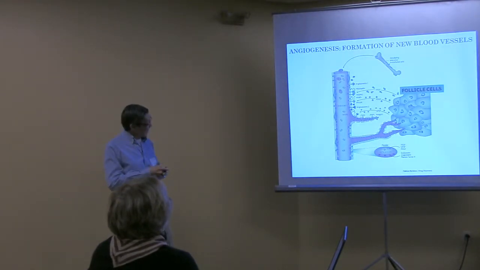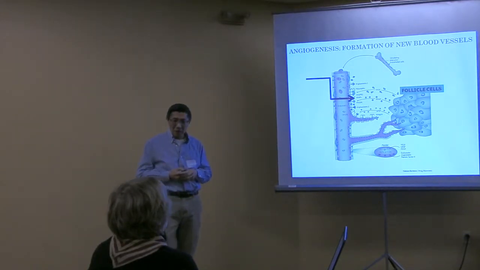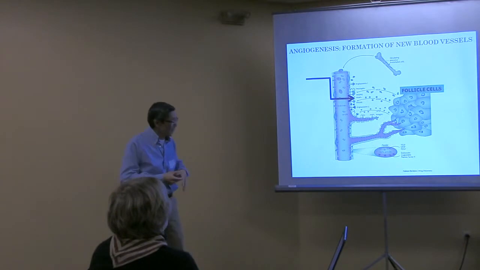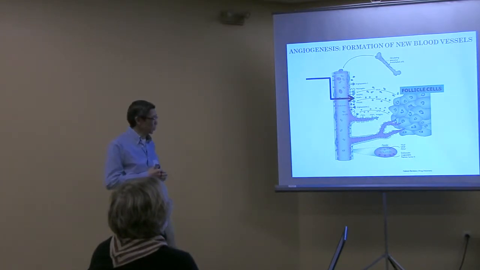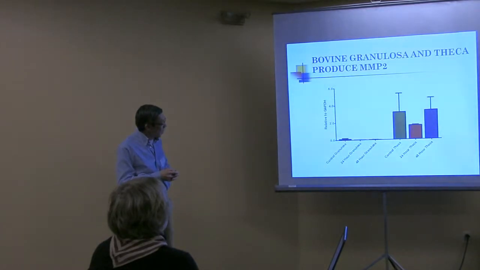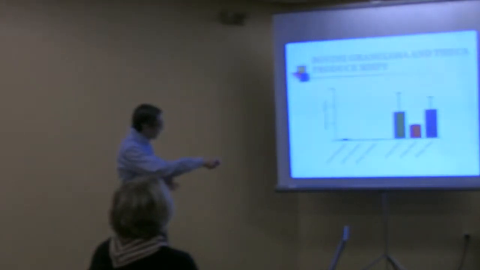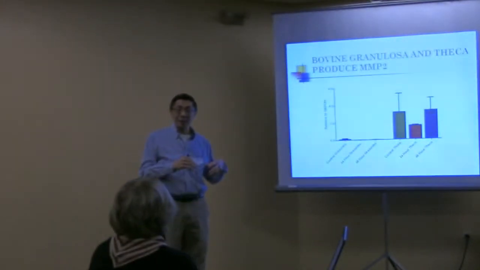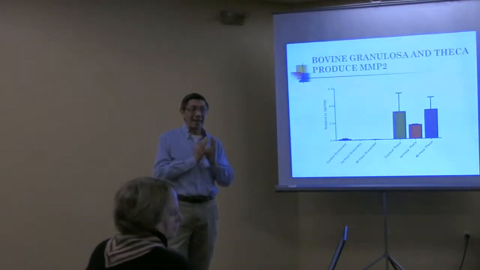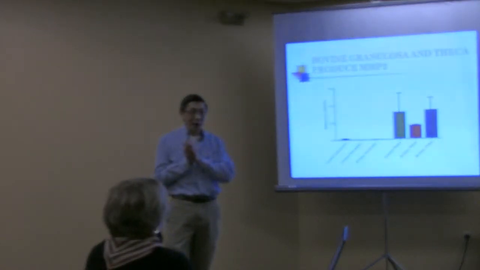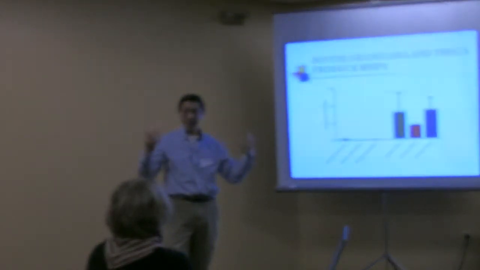So again, we wanted to say, are these enzymes there? Are these demolitioners of tissue in follicle cells? And so let me explain the bottom part to you a little bit here. When a follicle is selected to ovulate, it takes anywhere from 60 to 72 hours for it to develop and then ovulate.